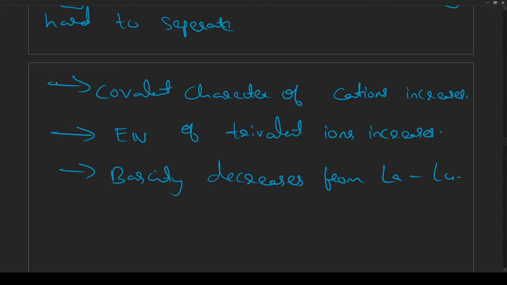These two points are kind of similar. Covalent character of the cation increases, meaning the acidic nature of the cation increases. If the acidic character of the cation increases, it means basicity decreases and ionic character decreases.